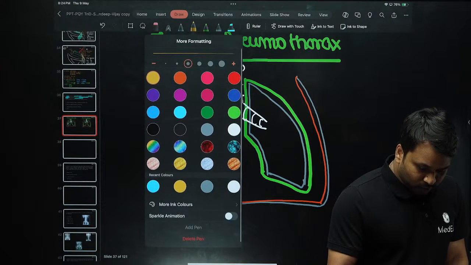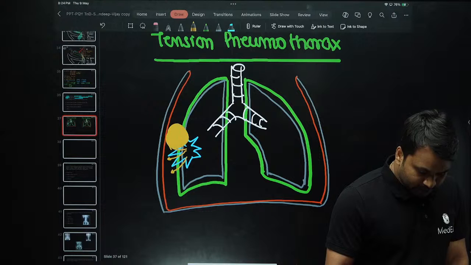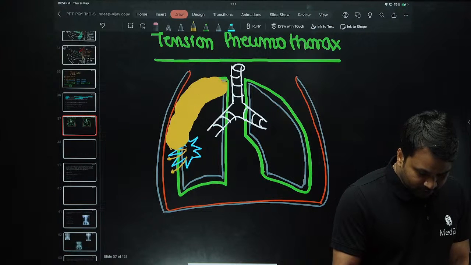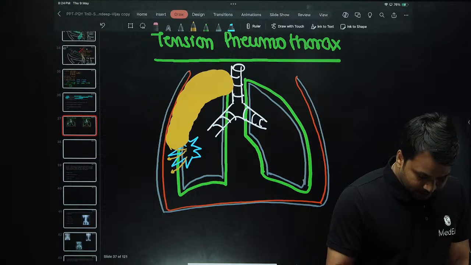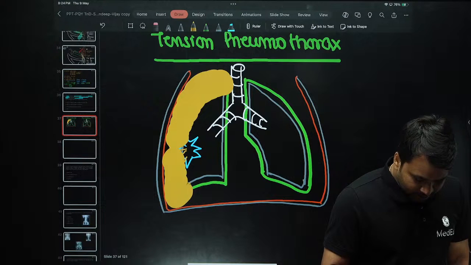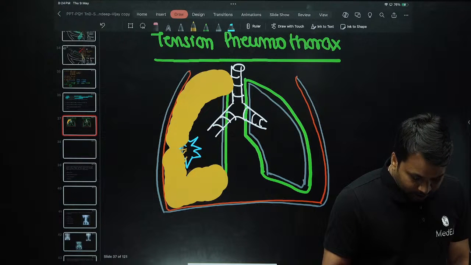As more and more air leaks, this entire side will be filled up with air. This occupies the entire space, compressing the lung and not allowing the lung to expand.